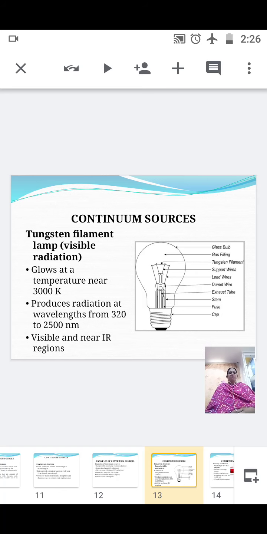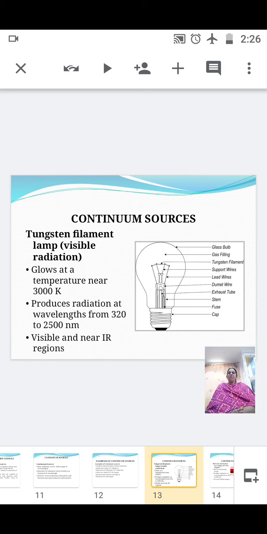These tungsten lamps are also called quartz halogen lamps, which contain a very small amount of iodine within the quartz envelope. You have seen that glass bulb in the picture; it contains the tungsten filament.